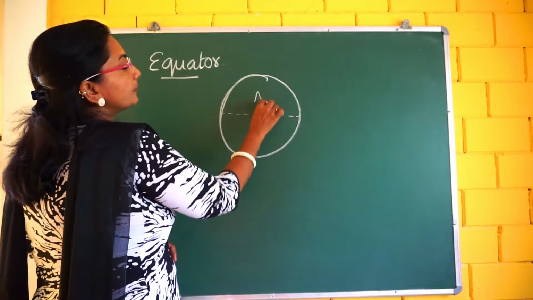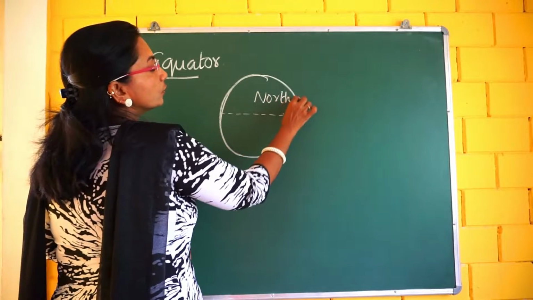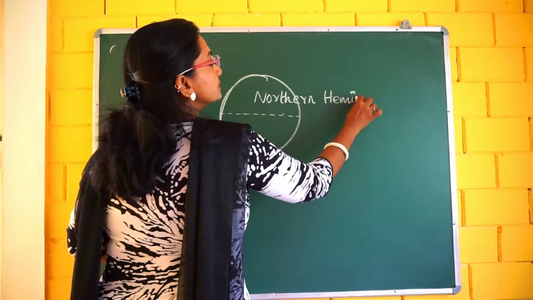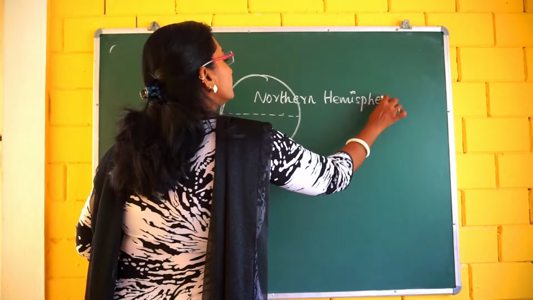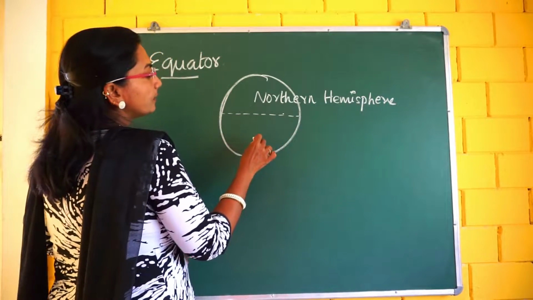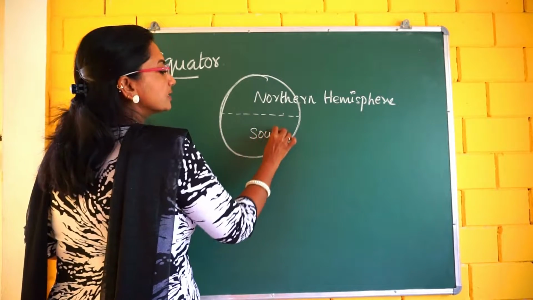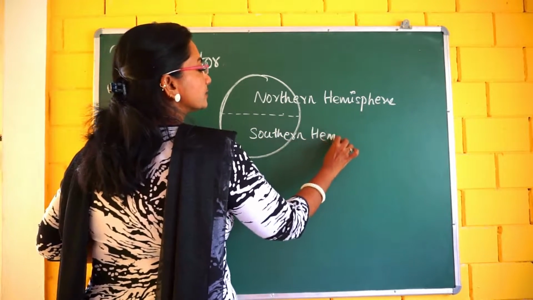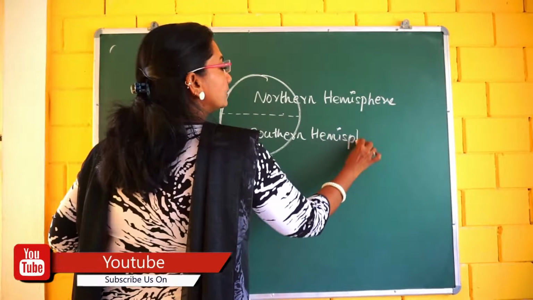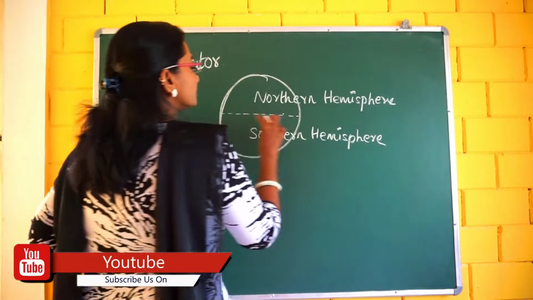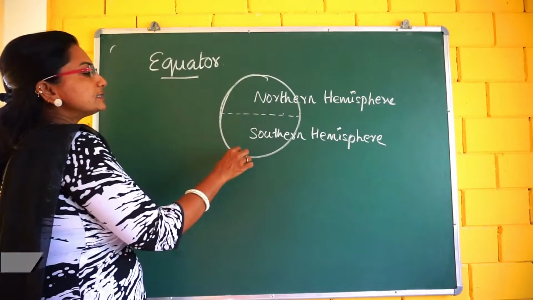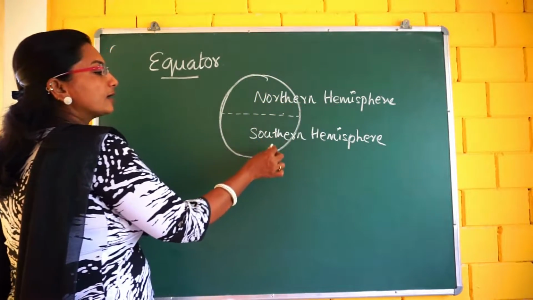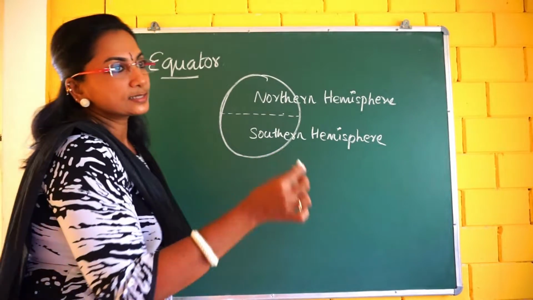The upper part is known as the northern hemisphere, and the second half, the down part, is called the southern hemisphere. Got it, children?